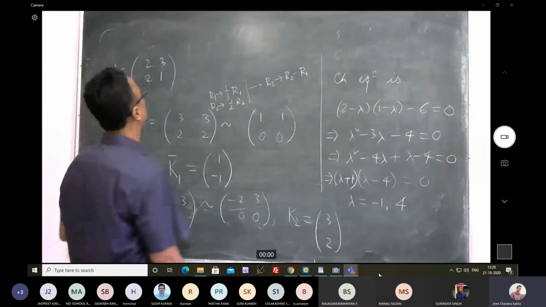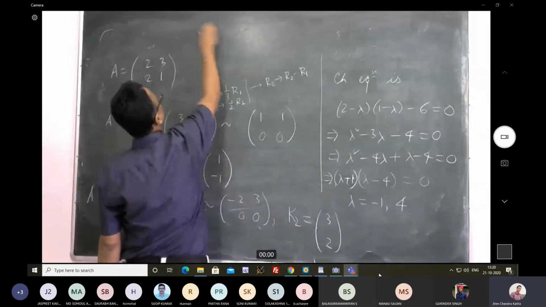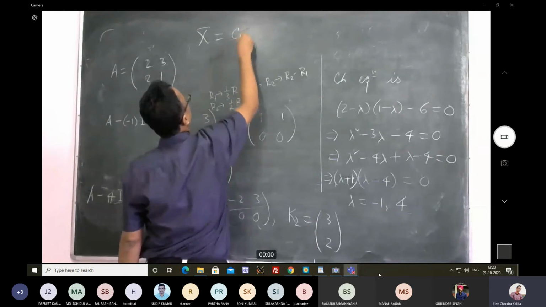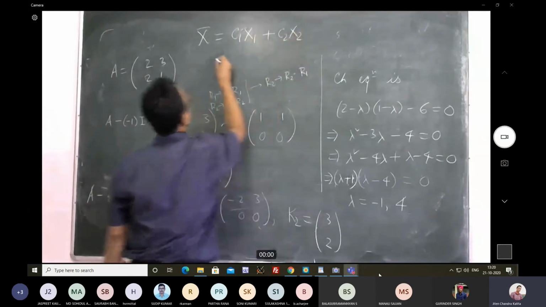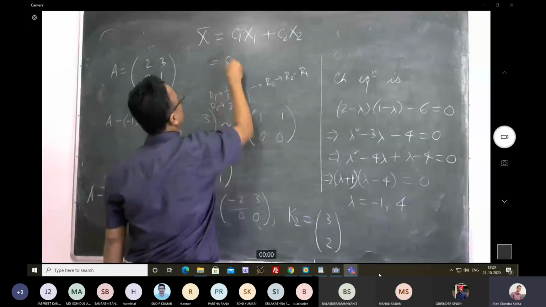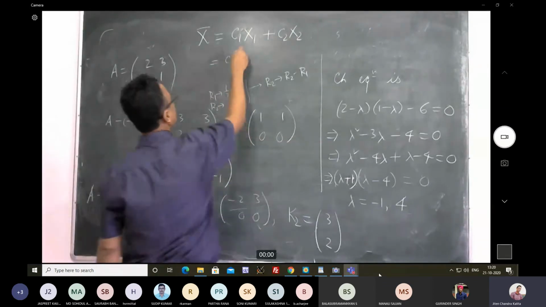Fine. So that means my final solution is going to be something like this: C1 x1 plus C2 x2. Right? So here x1 is k1 e to the power lambda 1 t.